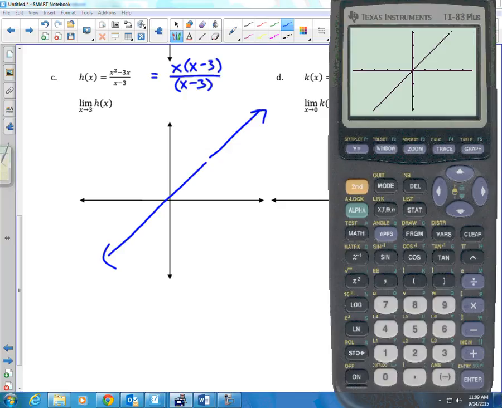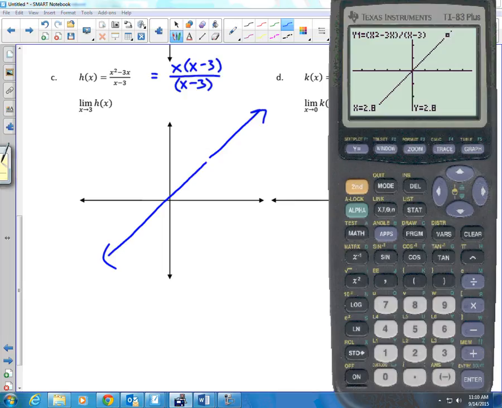See that? Look, as I move to the right, I can see the x values are going up. And as I get closer and closer and closer to 3, what are the y values getting really close to?